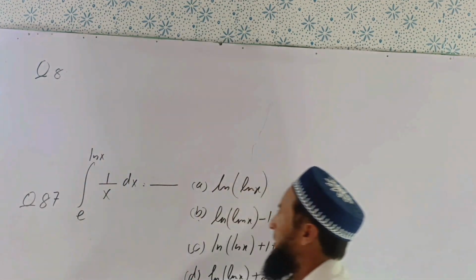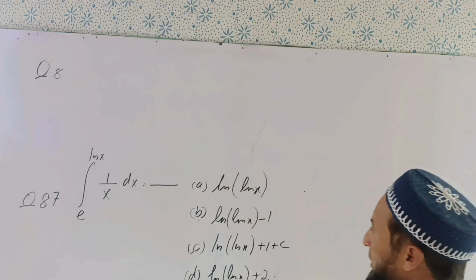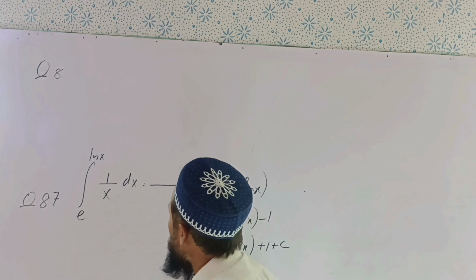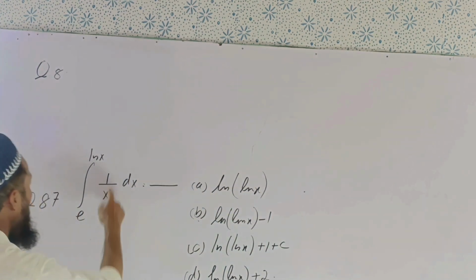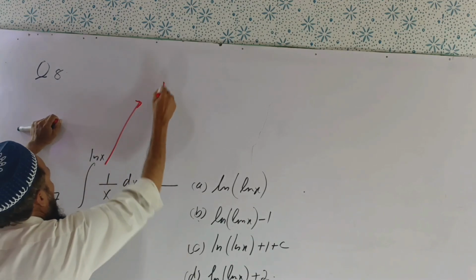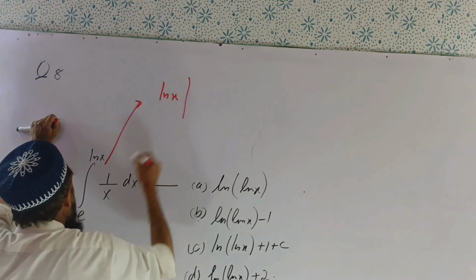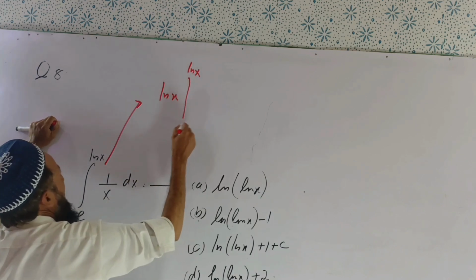Now the integral from e to x of 1 over x dx. Here the derivative is already given, so the result is log of x, since the derivative of log of x is equal to 1 over x. The upper limit is x and the lower limit is e.